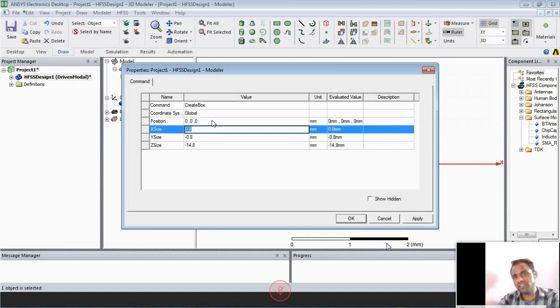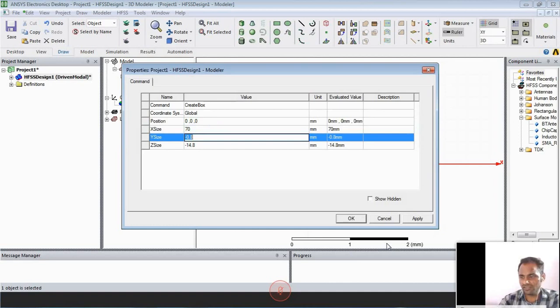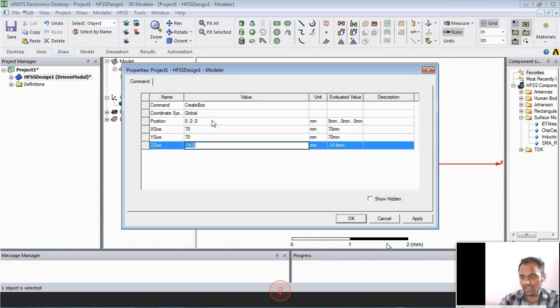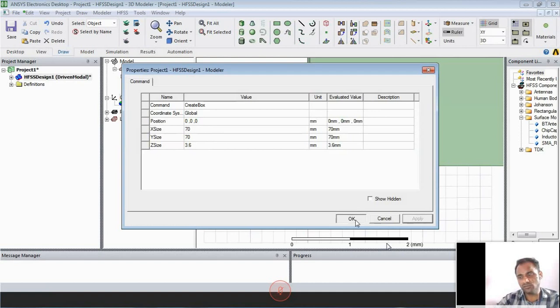So now I'm taking my substrate, and the ground is a square oriented thing. Based upon the formula calculation, I have the value of 70, 70, and the H formula is also here. H is equal to 0.606 lambda divided by root epsilon r. If you use that formula, our thickness value comes to 3.6 mm. So just apply and OK.